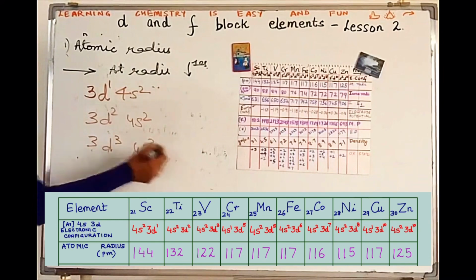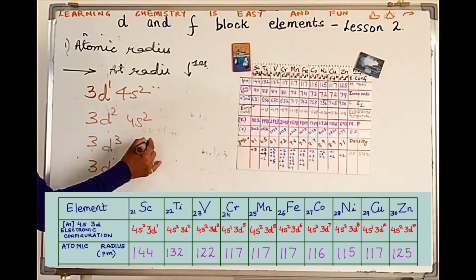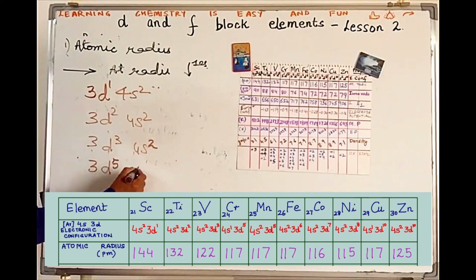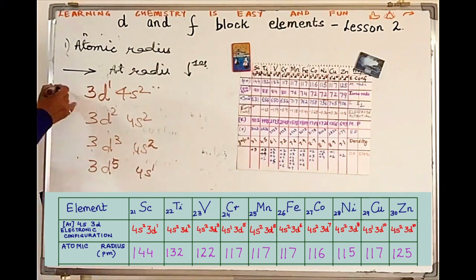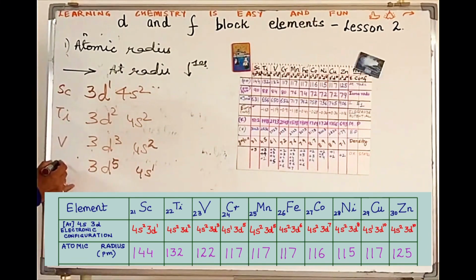When moving along the 3D series, 4s2, 3d4, no, it's 3d5. And where do we land? Scandium, Ti, V, Cr, right? Go on to manganese again. So it will be 3d5, 4s2.